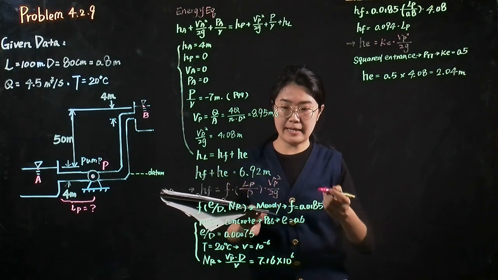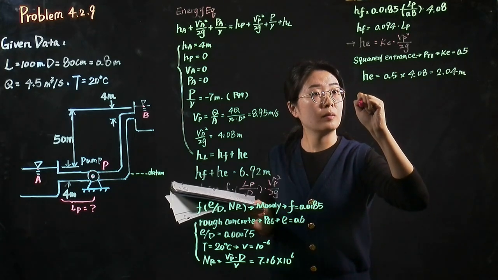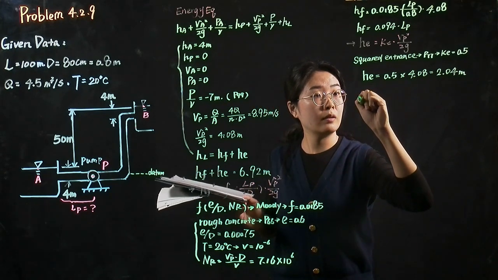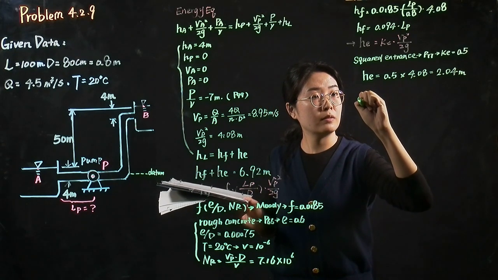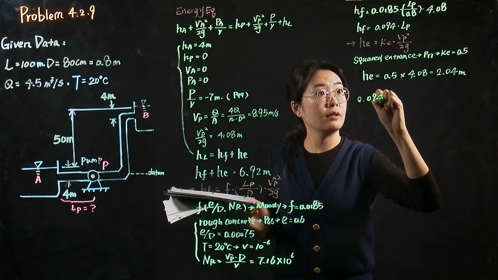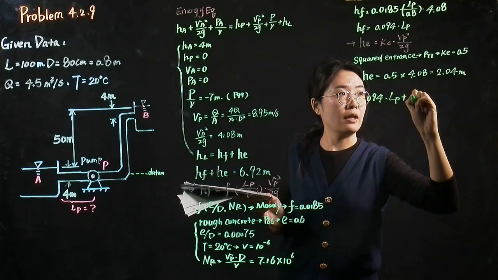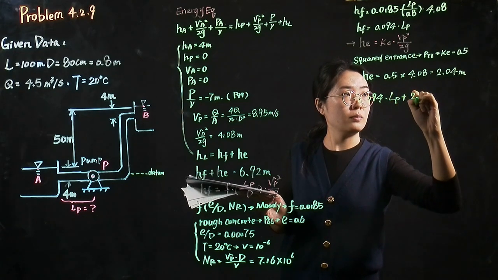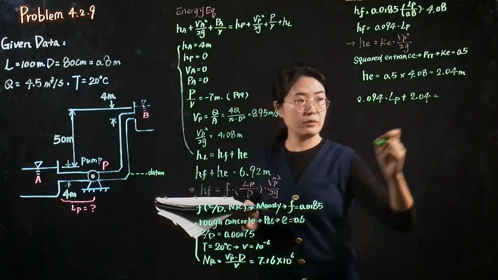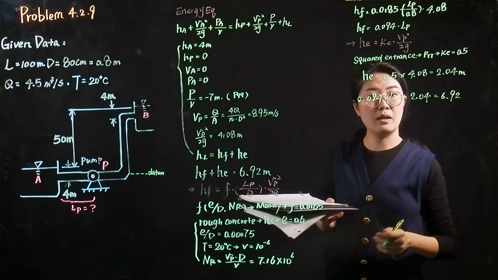So we will get 0.094 times L sub P plus 2.04 equals 6.92.